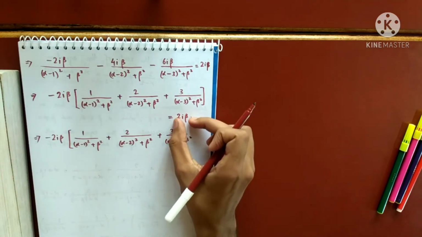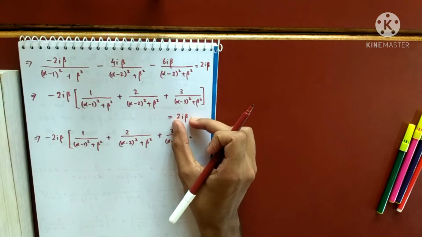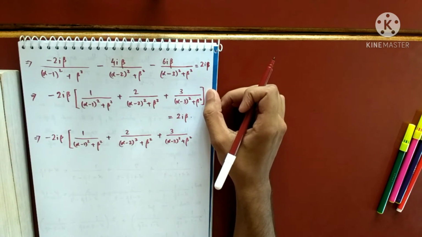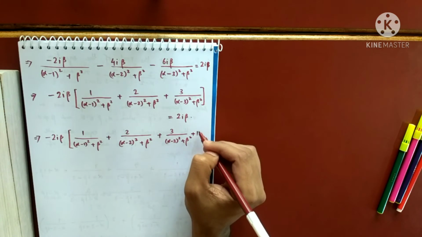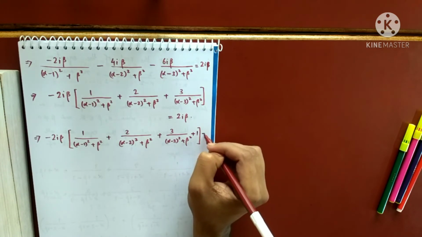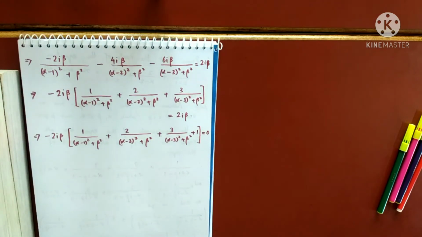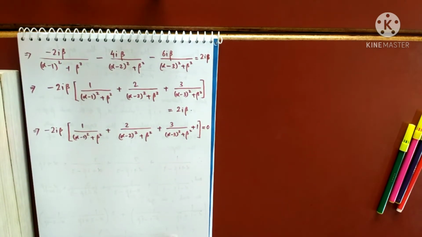Now I'm sending this to the left hand side, so this will become minus 2i beta, and I'm taking minus 2i beta common, so I'll remain with plus 1, and this is equal to 0, right? This is equal to 0.